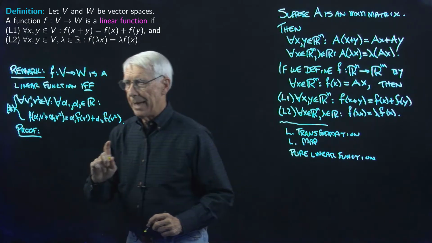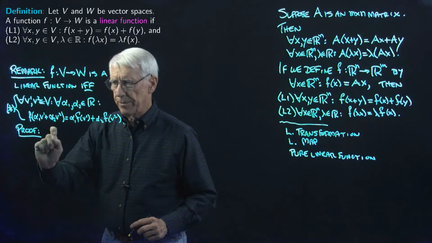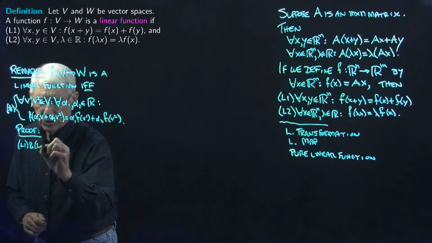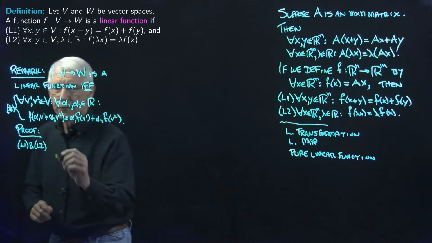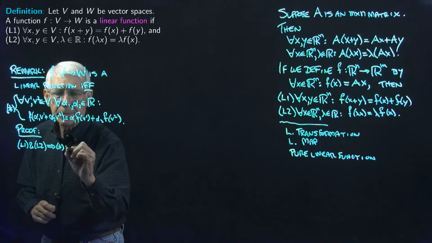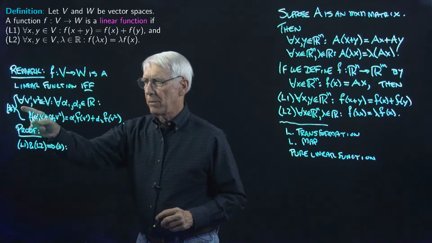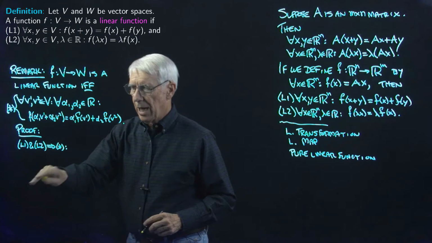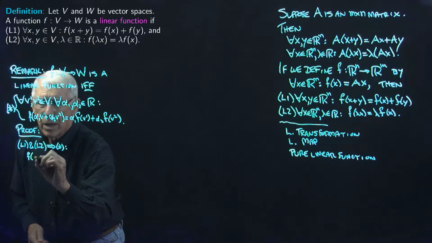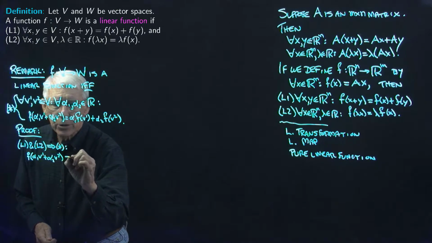Let's start by proving that if we have a linear function, then it satisfies this star condition. So that means we're proving that L1 and L2, the two conditions that define a linear function, imply the star condition. And the star condition says that we've got any two vectors, any two scalars. So I'll just imagine that we've got arbitrary vectors and scalars here. And we've got f now of alpha 1 v1 plus alpha 2 v2.